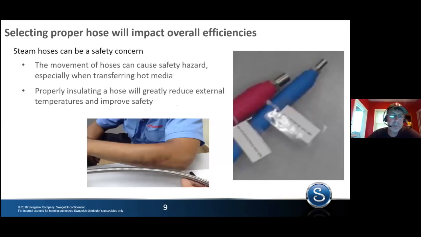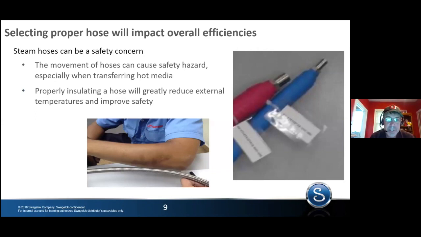Okay, so building off that safety issue, not only are hoses a wear item that need to be planned for maintenance, but they're also a very commonly handled component of a fluid system, up there with valve handles and things like that.